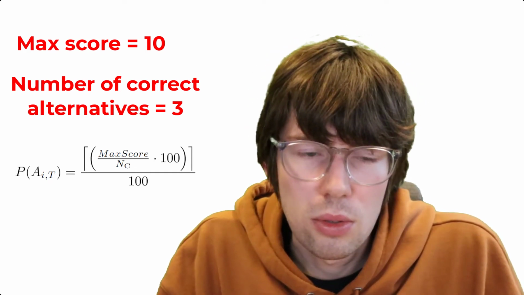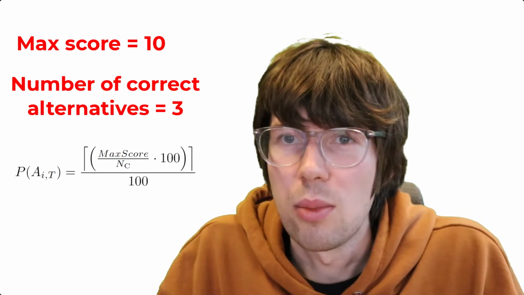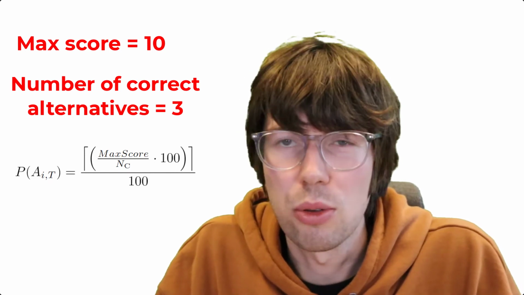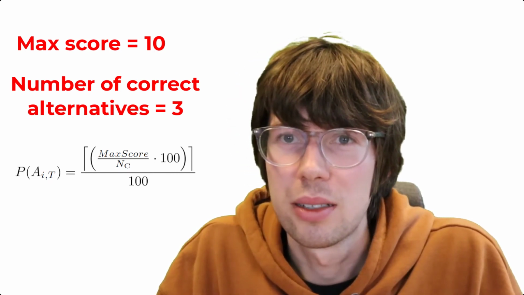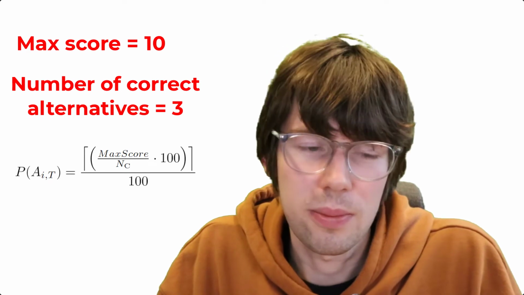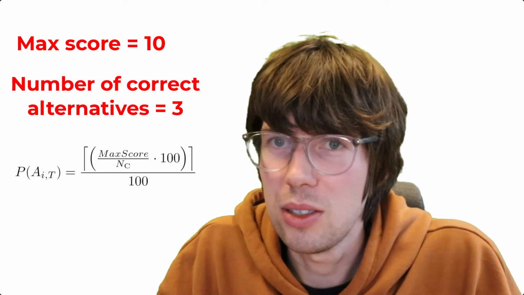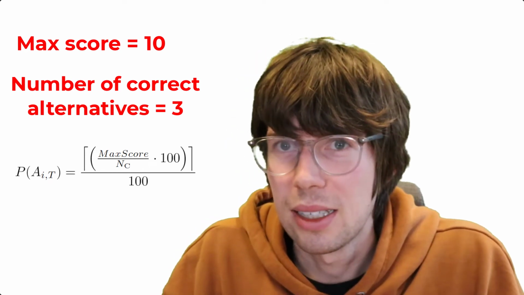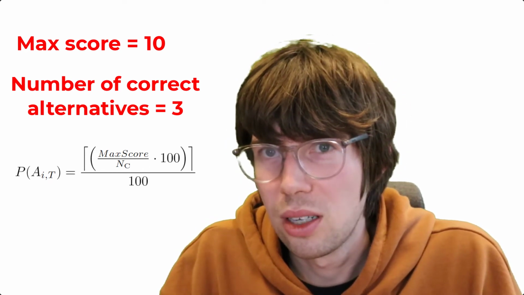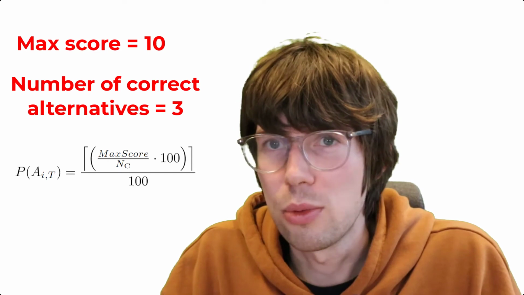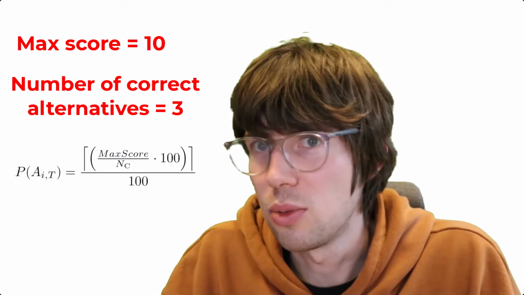Now, in-spec does not allow for having more than 2 decimals of precision when it comes to giving points. So what to do? 10 divided by 3, 3.33. Then I take this number and I multiply it by 100. So now it becomes 333.3333.